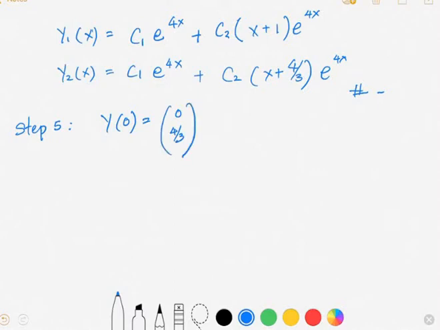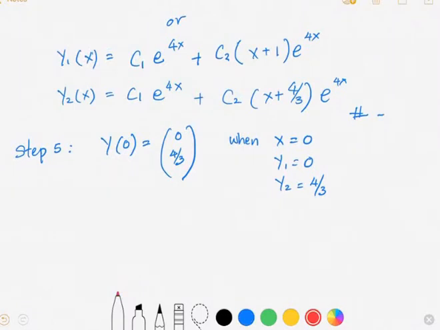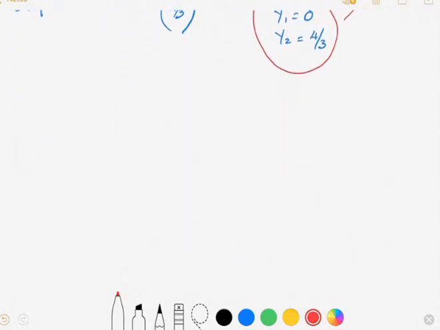So this means that when x equal to 0, y1 equal to 0, y2 equal to 4 over 3. So you substitute this value into here. Okay, let's do it.